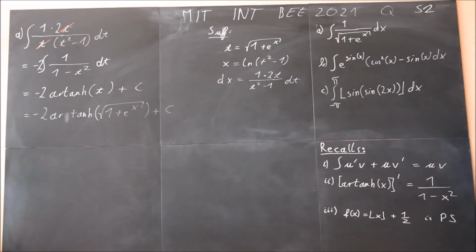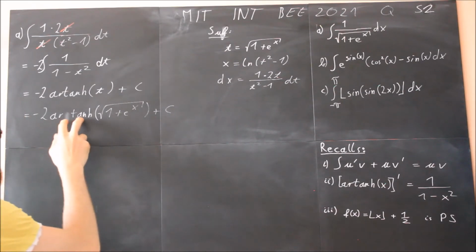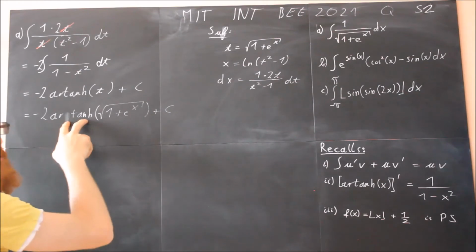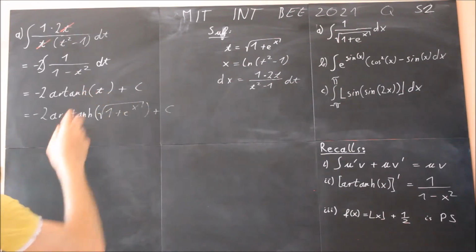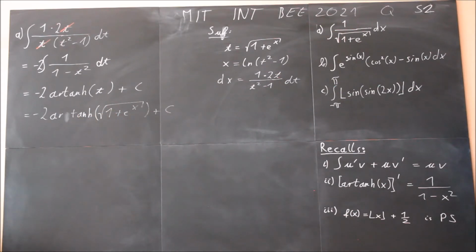Alright? And if you like, you can also write the inverse hyperbolic tangent in terms of natural logs. So if you see a solution with natural logs, do not worry, this is okay so far.